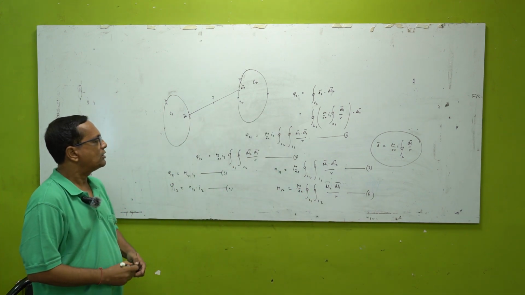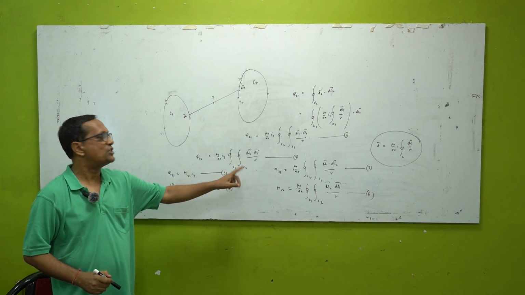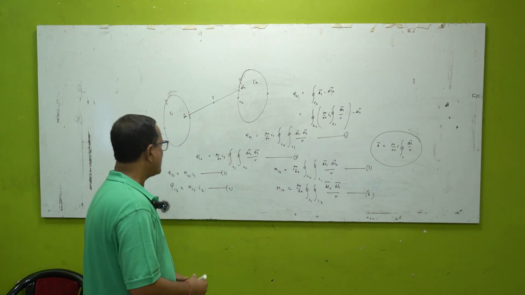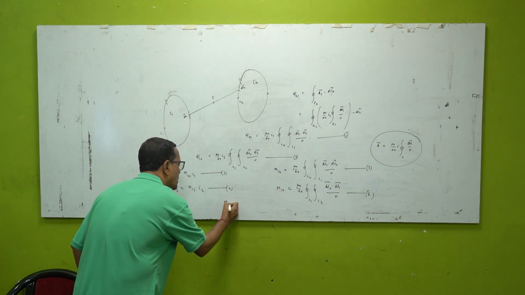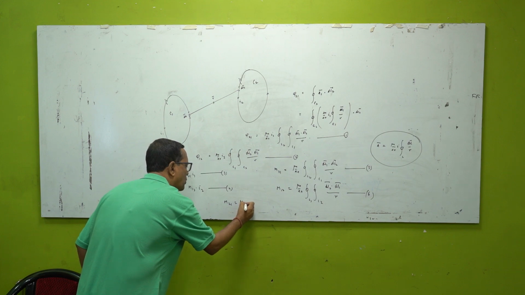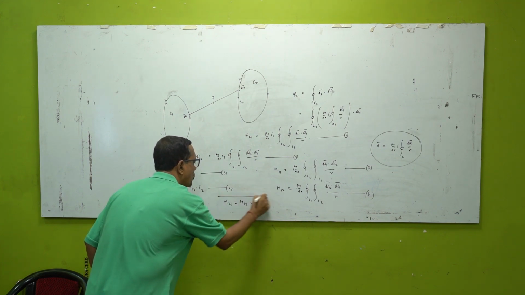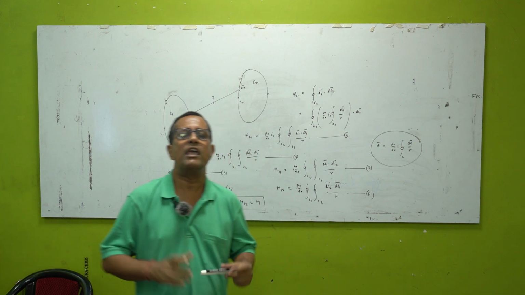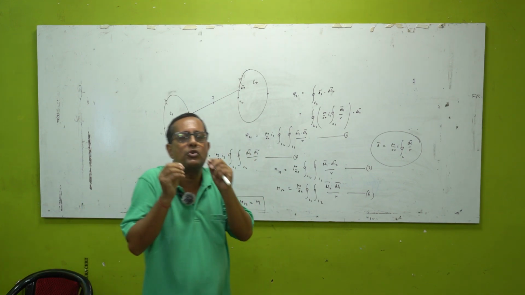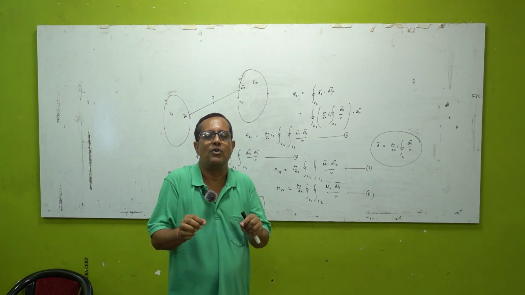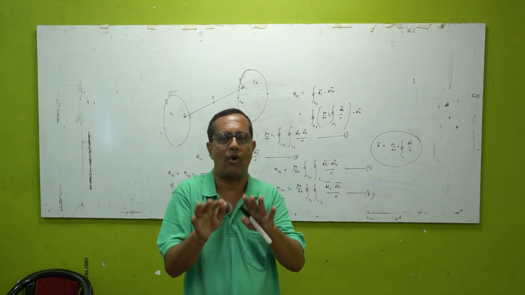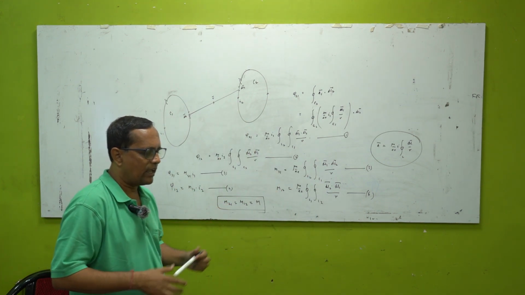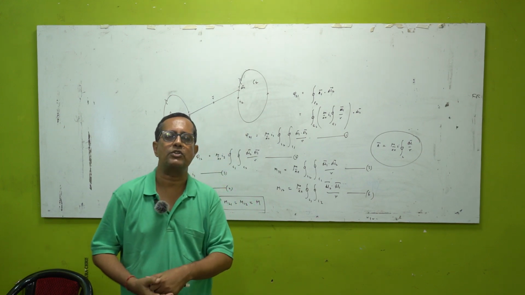Now compare these two equations 5 and 6. Both are identical. So we can conclude that M12 is equal to M21 is equal to M. So we need not mention M12 and M21. We should mention only M for the mutual inductance between two coils. And this is the reciprocity theorem, where we get M12 equal to M21 equal to M.